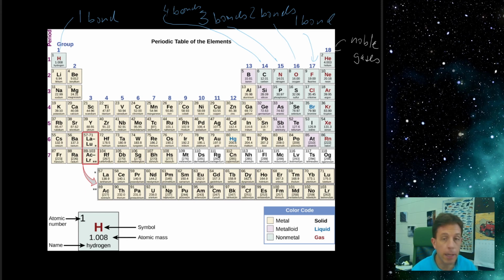So let's look at an example right here of oxygen. If we have oxygen, the molecule O2, we can write the Lewis dot structure for an oxygen atom like so, where we have 2 paired electrons and 2 lone electrons.